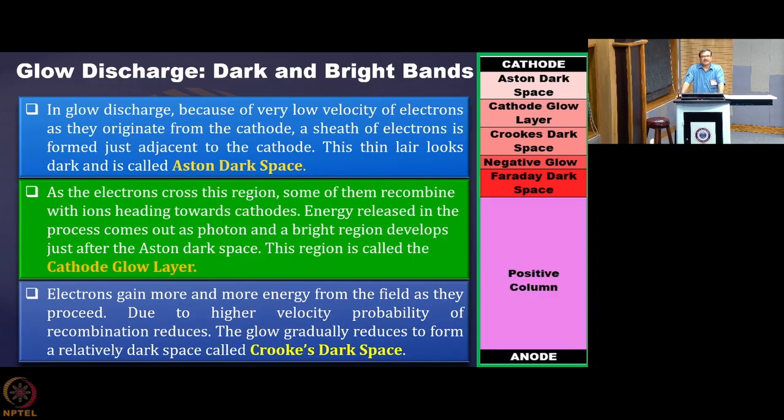After that, the electrons gain more and more energy, so their energy is so high that they cannot be captured by the ions moving towards the cathode. Again a dark space forms because they are not interacting with the atoms and not exciting them to emit light. So you see a dark space, called the Crookes dark space.